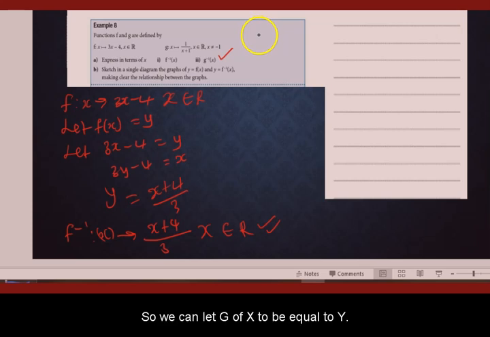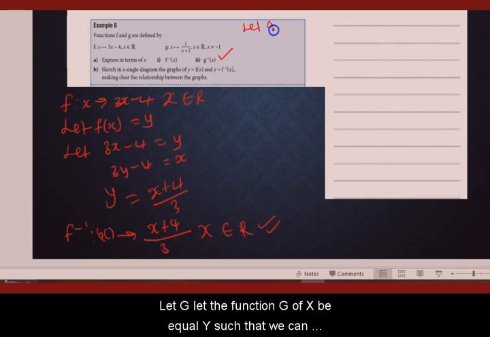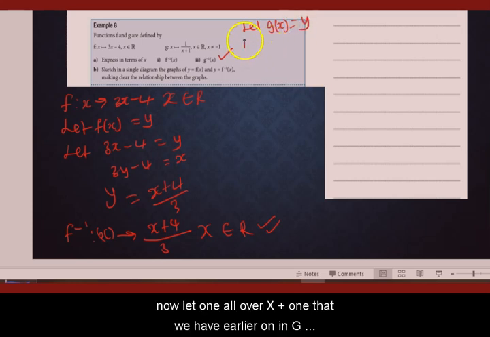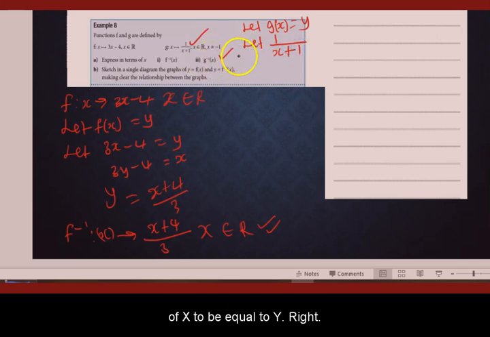So we can let g of x be equal to y, such that 1 over x plus 1, which we have earlier in g of x, is equal to y.